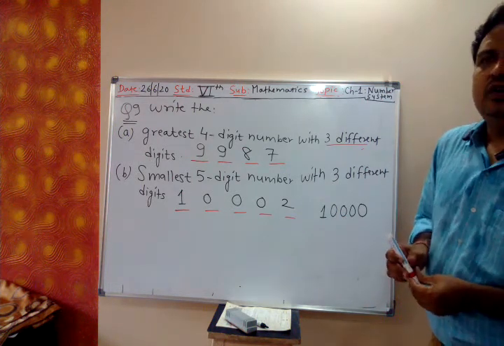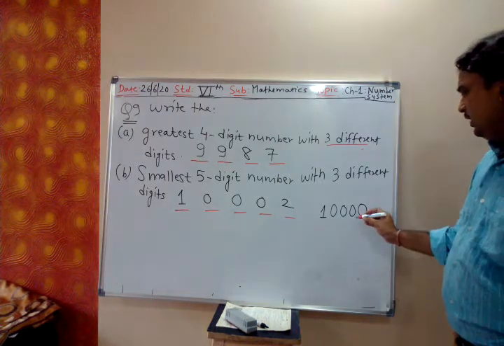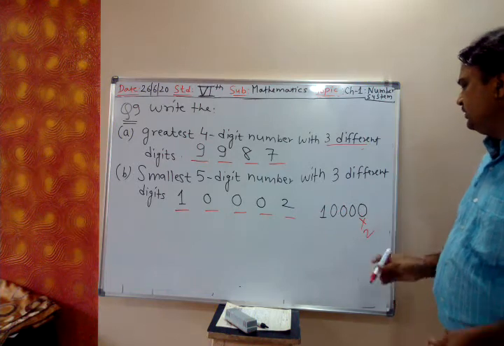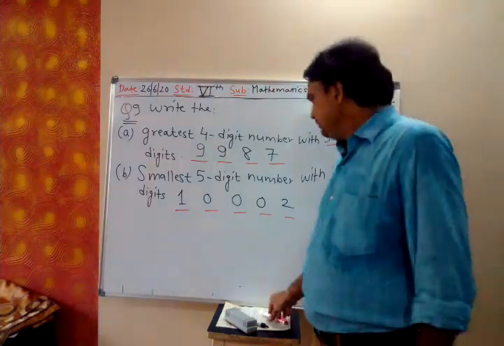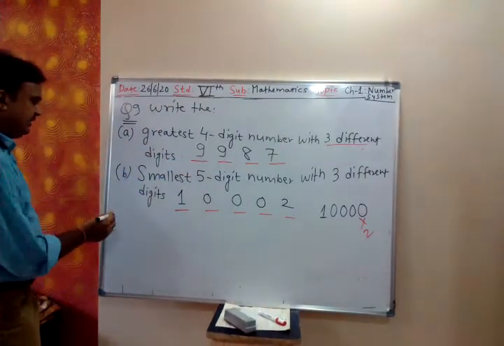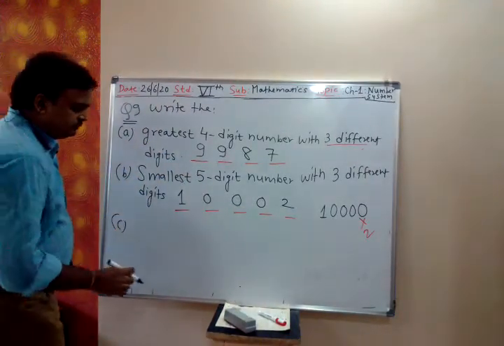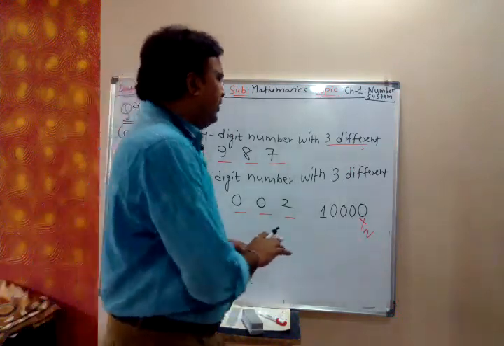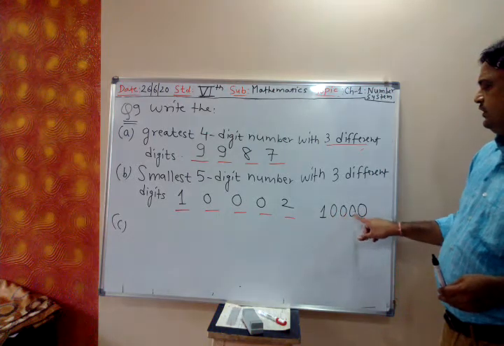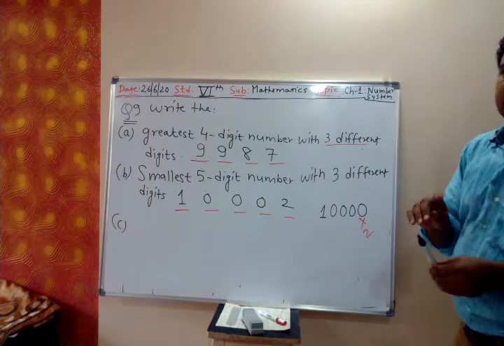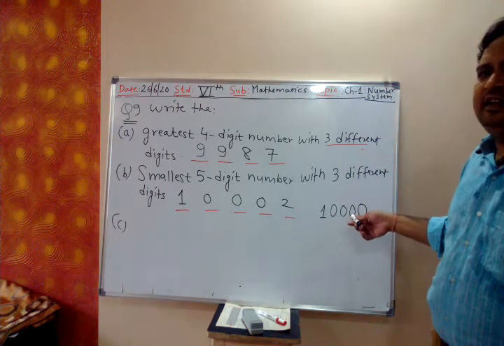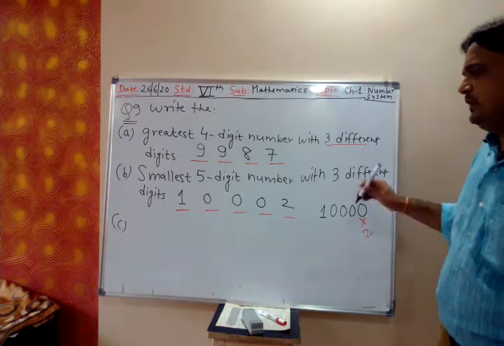And this last 0, I will replace by 2. So 10,002. Because we want 3 different digits, no? 10,000. Yes. Because we want 3 different digits, the last 0 I will replace by 2.